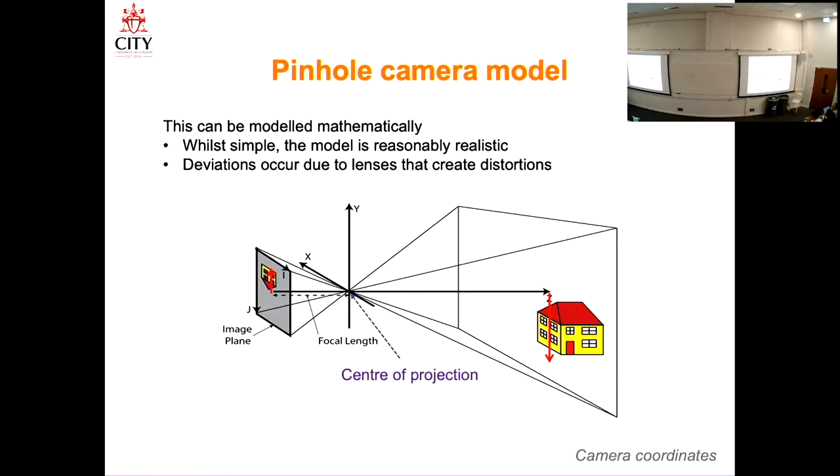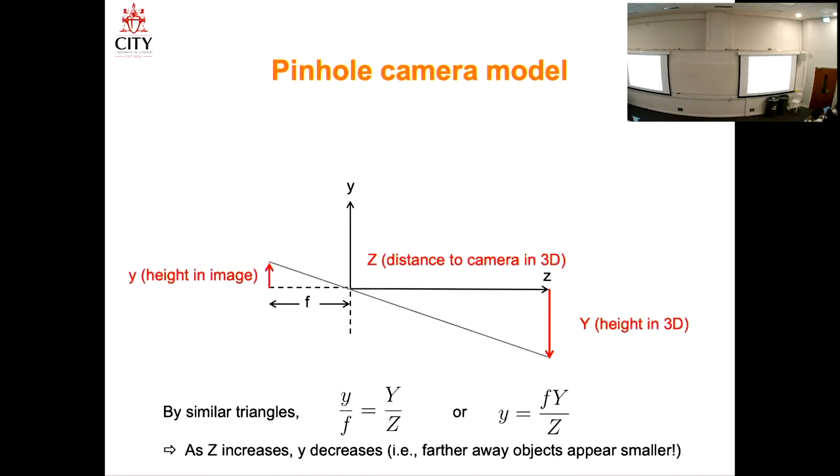So how can we explain this? You have the central projection, which is here, and the center of the image here. If you want to put it in an equation, it's a very simple one. You know similar triangles: y, the height in the image, over f, which is the focal length, equals Y, the height in real life, the height in 3D, over Z, which is the distance to the camera in 3D.